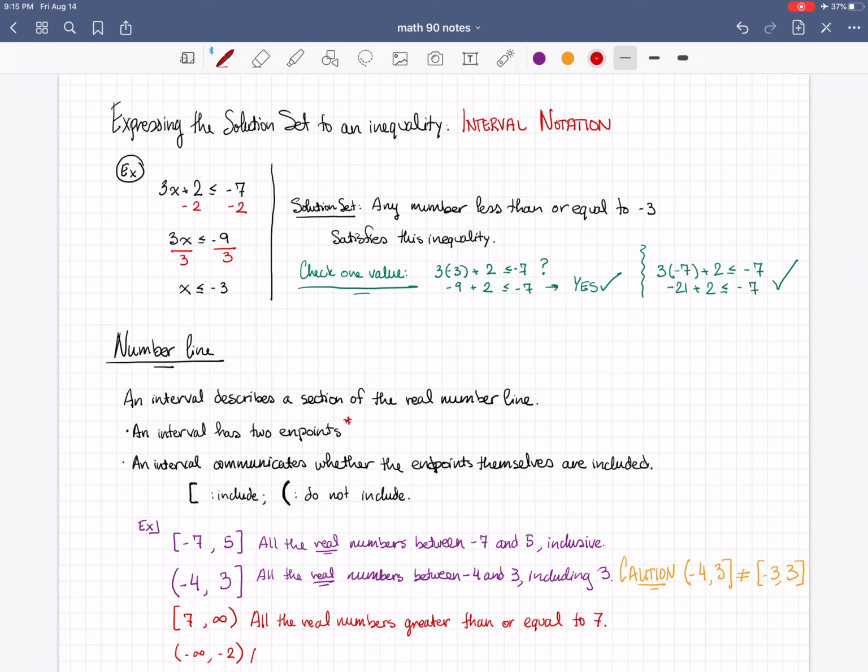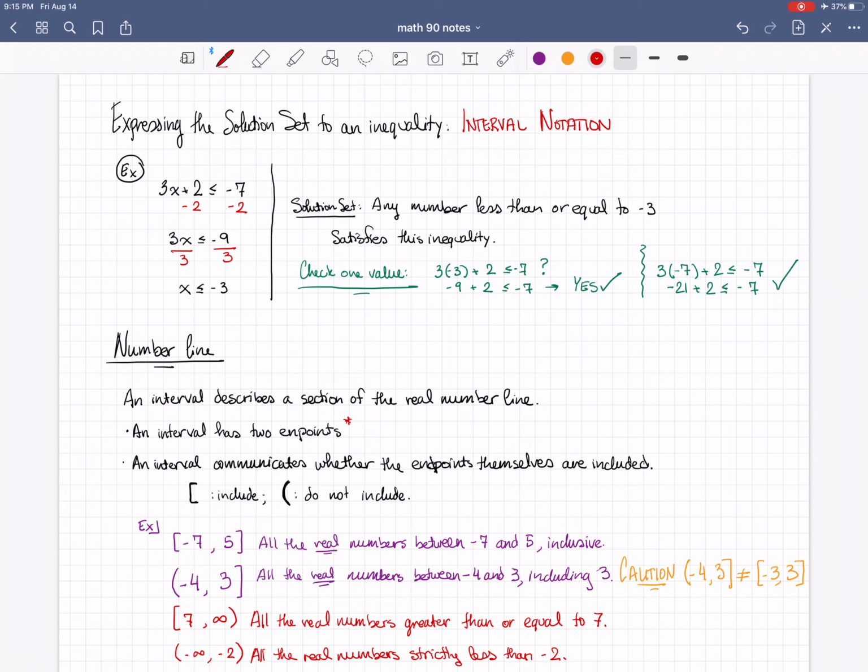So if you wanted to describe this one in words, you would say all the real numbers strictly less than -2.